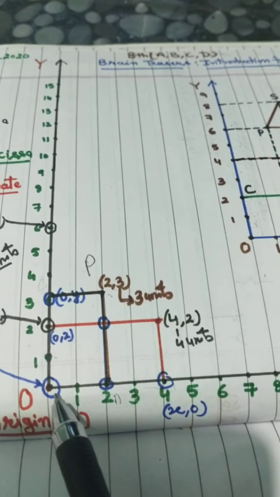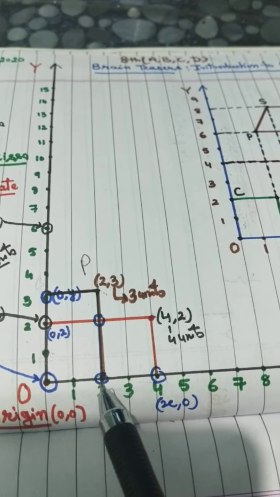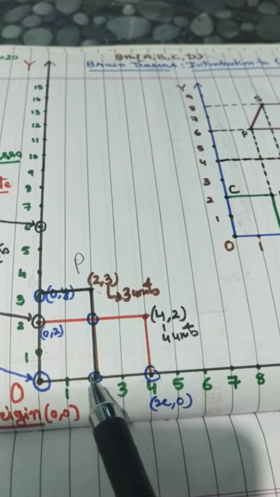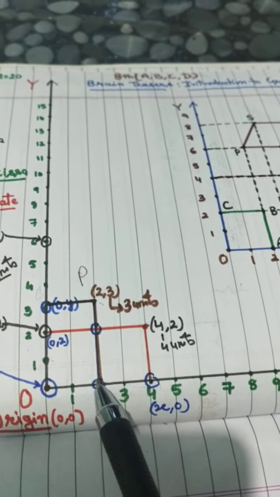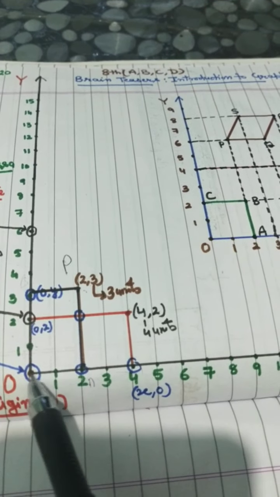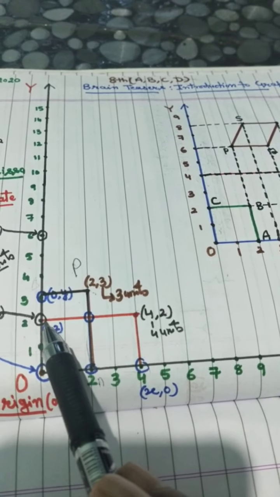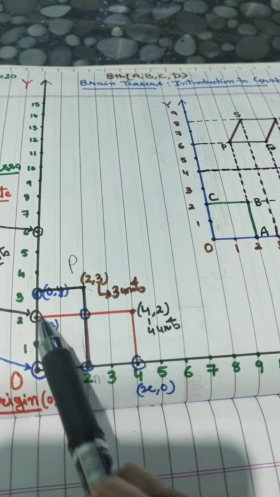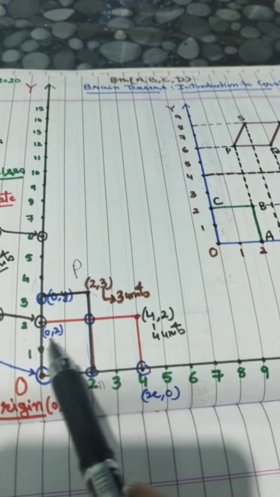A is (2, 0). Next, B is (2, 2). And C, join. This is a square, with sides of 2 units each. What are the coordinates of point C? The x coordinate is 0 and y is 2: (0, 2).